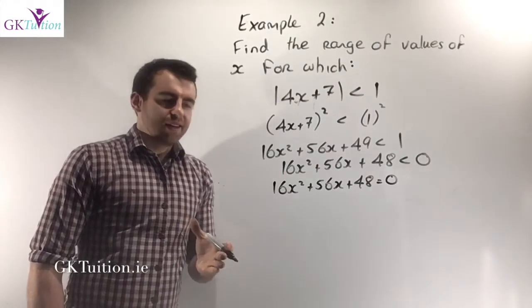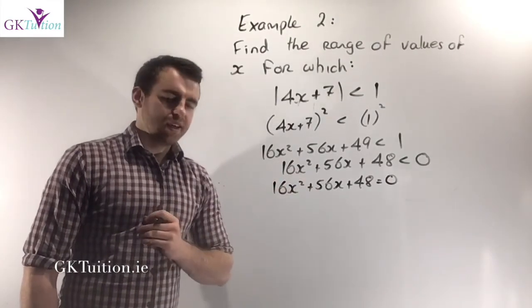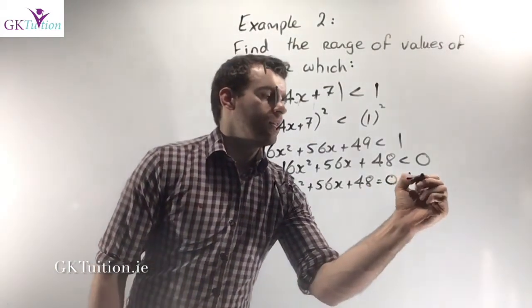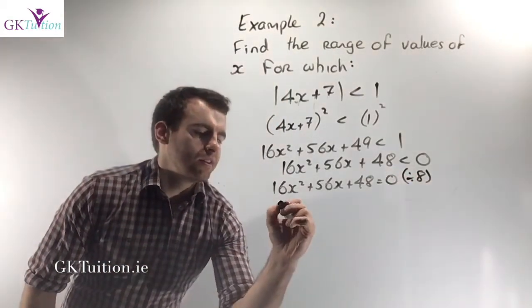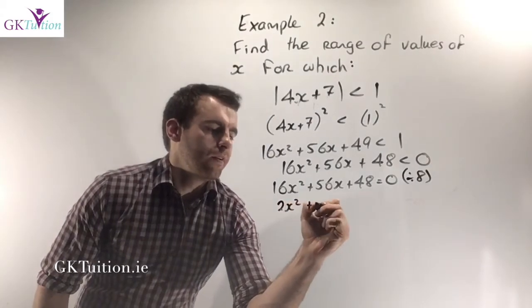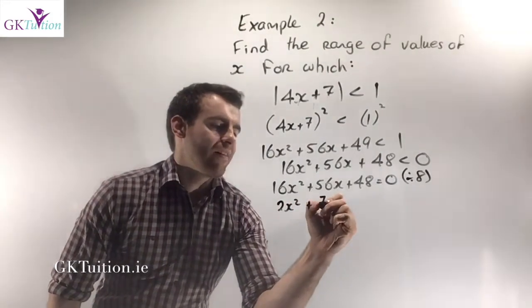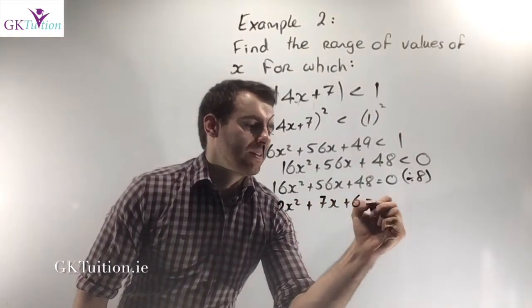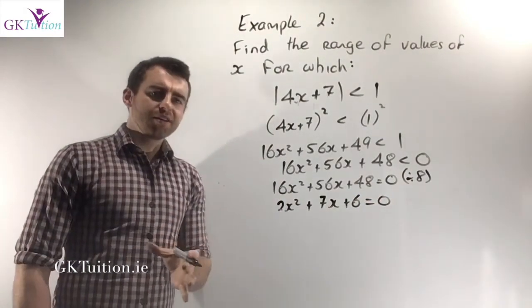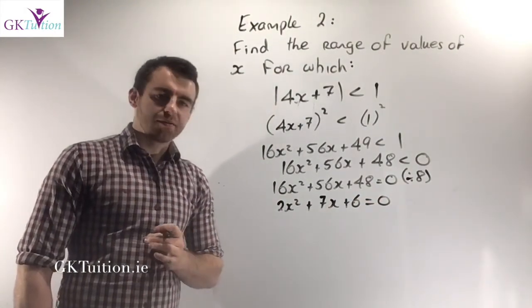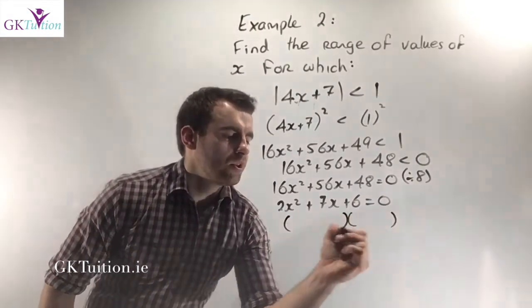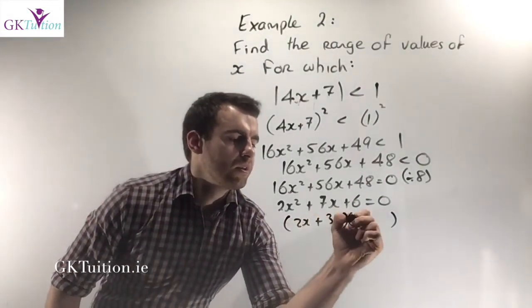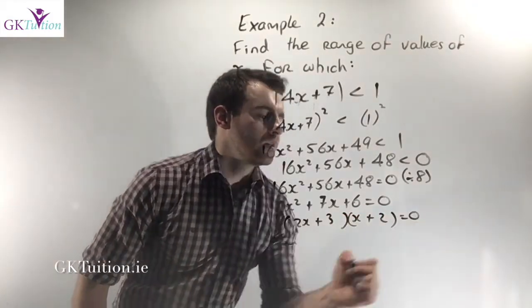I can clearly see that 8 divides into each of my terms here, so I can divide everything by 8 to make my quadratic a little bit more achievable. 16 divided by 8 is 2, 56 divided by 8 is 7, and 48 divided by 8 is 6. What I can do now is simply factorize my quadratic. If I factorize this, I would end up with (2x + 3)(x + 2) = 0.